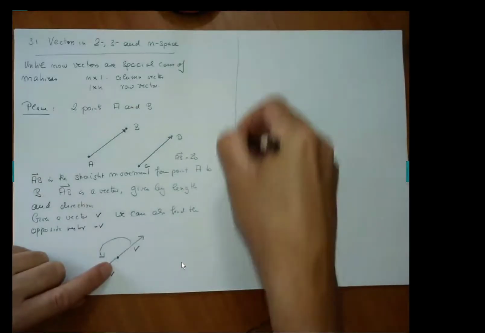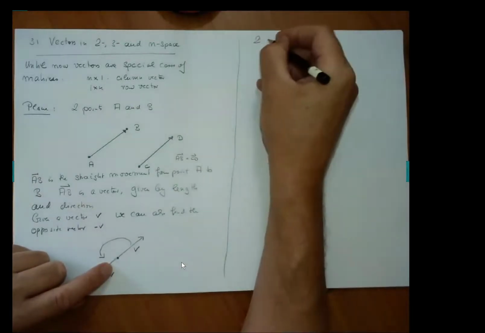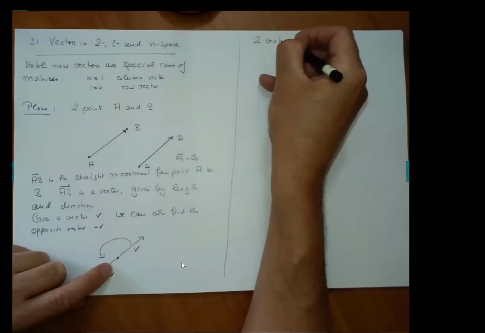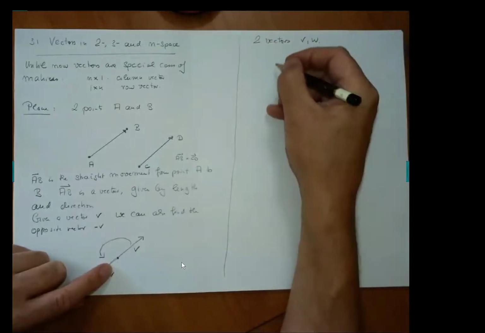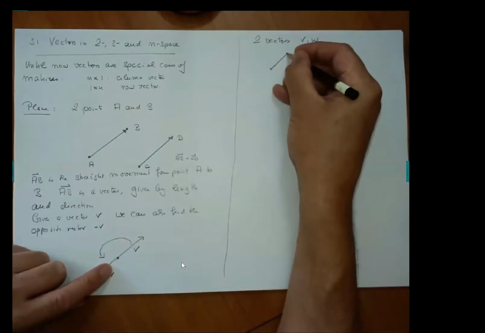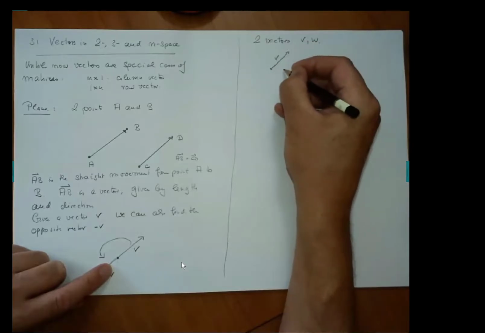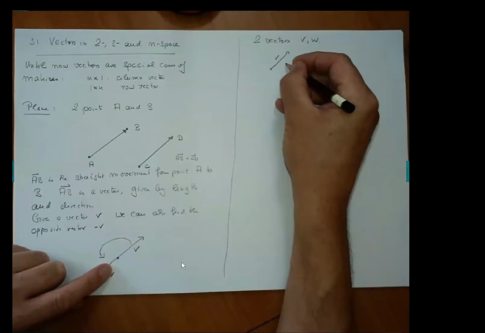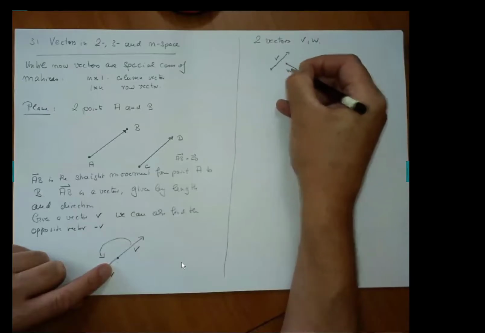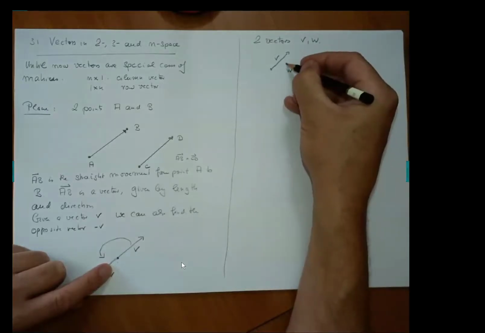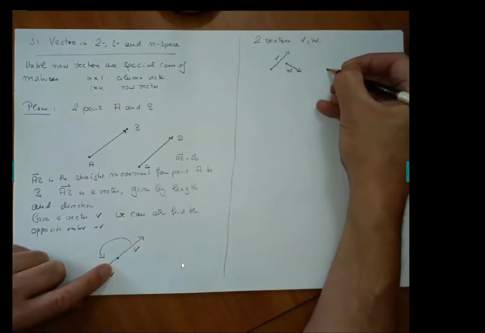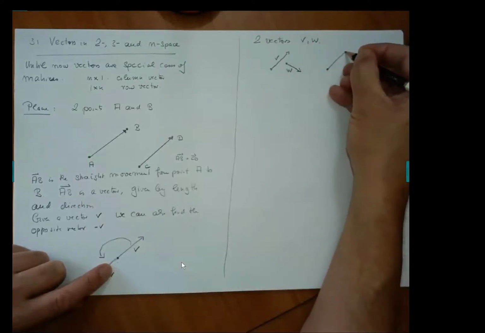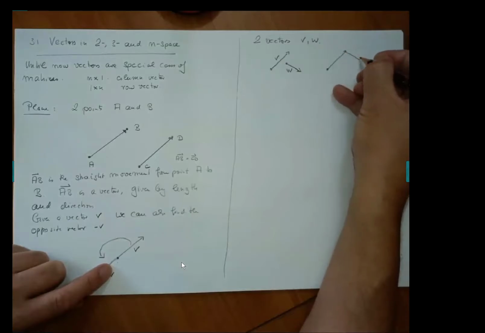Also, what you can do with vectors, if we have two vectors, v and w, for example, and I just make some examples here. So let's say this is v, and let's say this is w. You can move this vector to the end of the v vector. So you can do this, and then this.